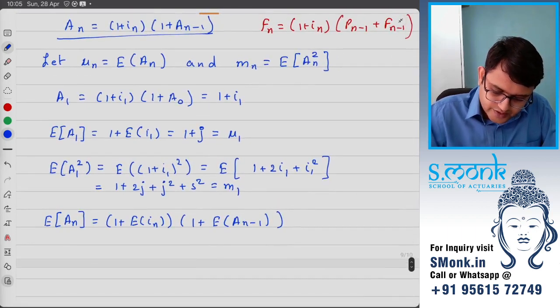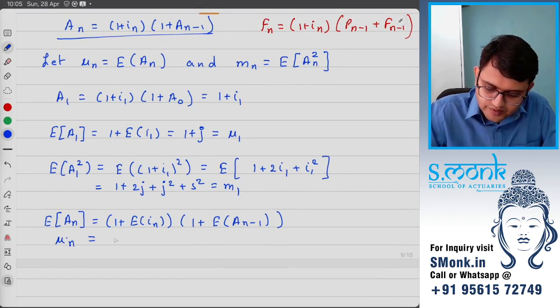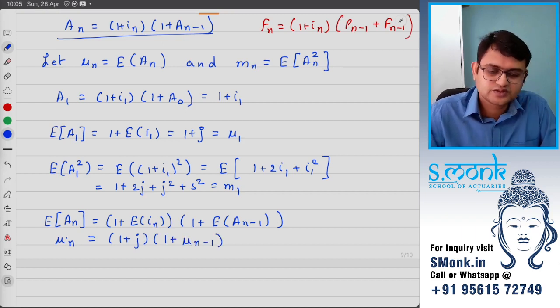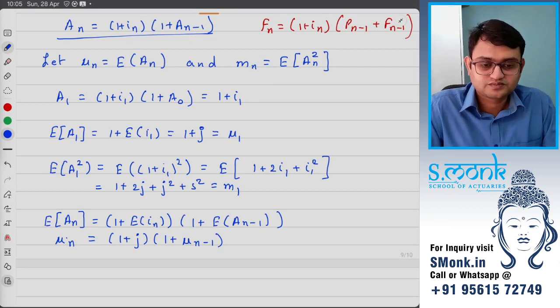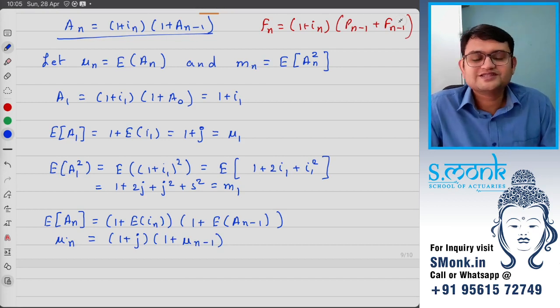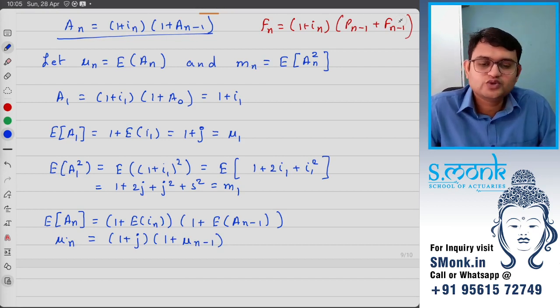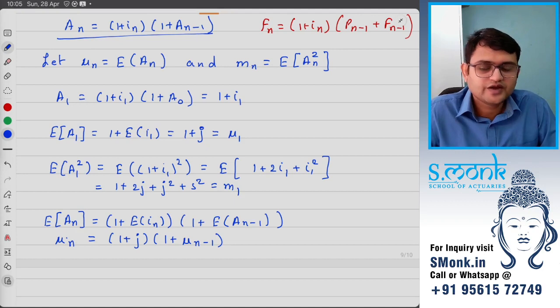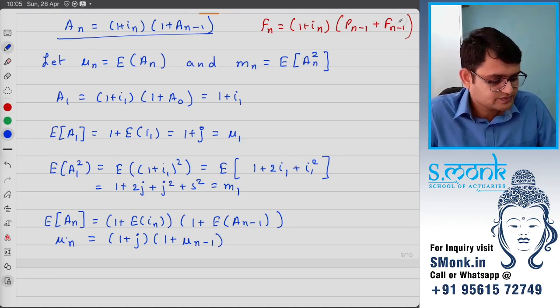Or you can just write it as mu_n equals (1 plus j) into (1 plus mu_{n-1}). So with this relationship we can find mu_2 using mu_1, mu_3 using mu_2, mu_4 using mu_3, and so on.